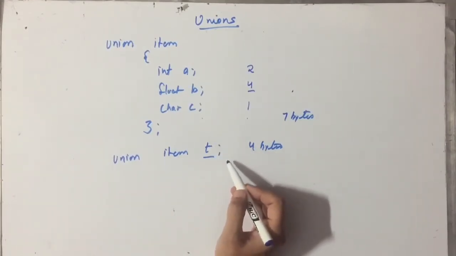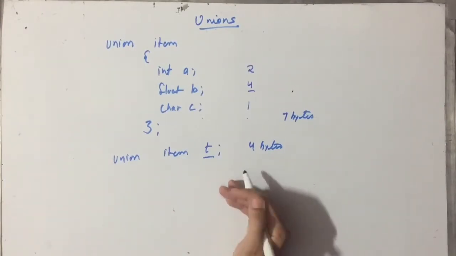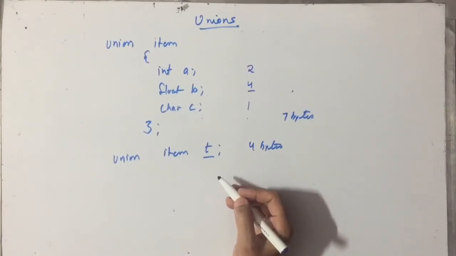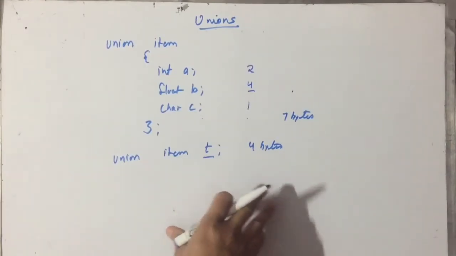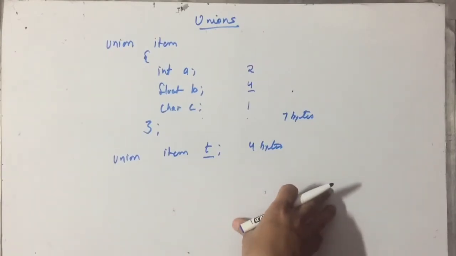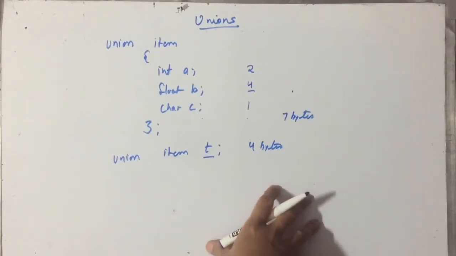So basically unions save memory because we use the same memory space again and again. This is the major difference between structure and union. Otherwise the concept of union and structure is almost the same.